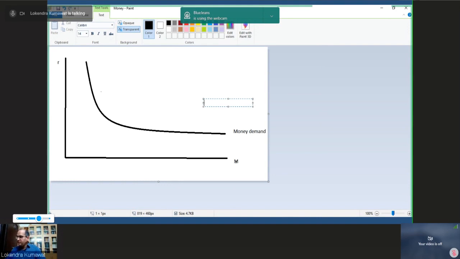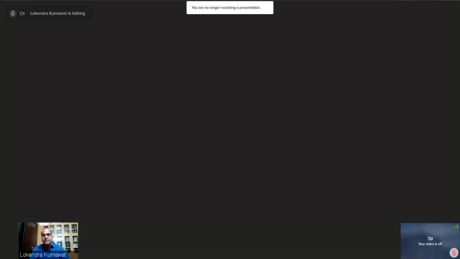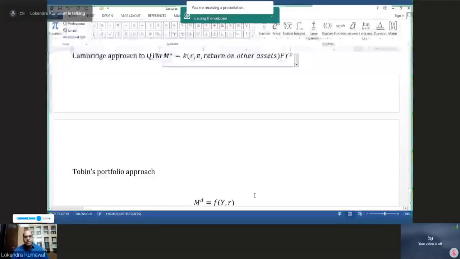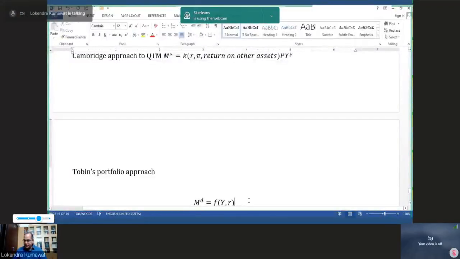Okay, so first we look at the money supply measures in India. Let me be more specific and say that money supply as we understand is given by the sum of two factors. A, the currency with the public.